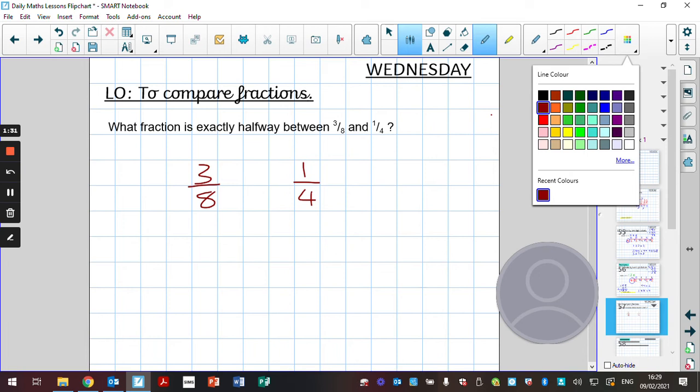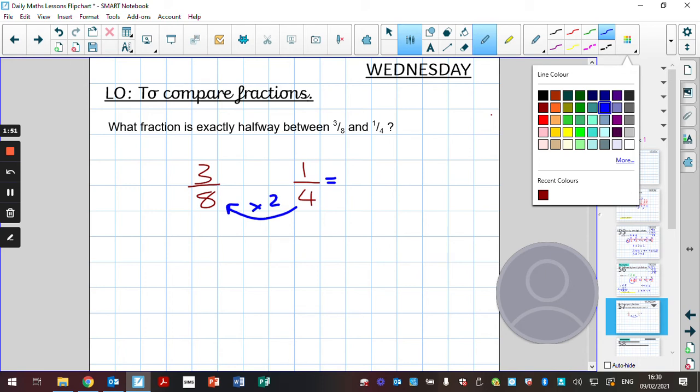Well, I look at the largest denominator, in this instance 8, and I see if the smaller one is a multiple of that number. Well, it is. So for 1/4, what have I done to 4 to get to 8? I've multiplied it by 2.